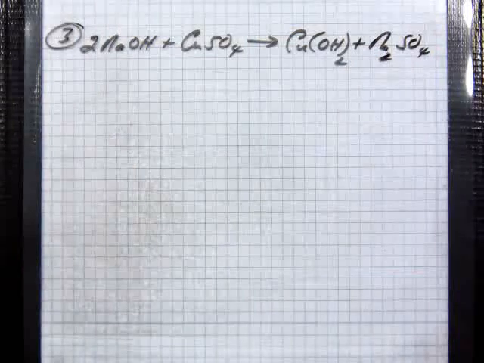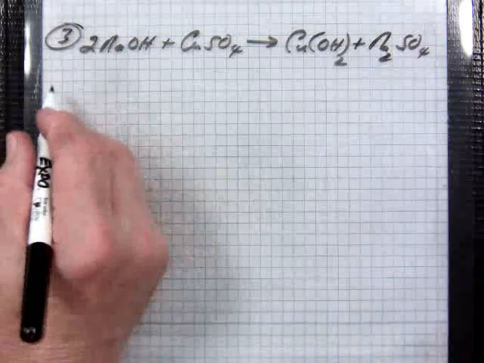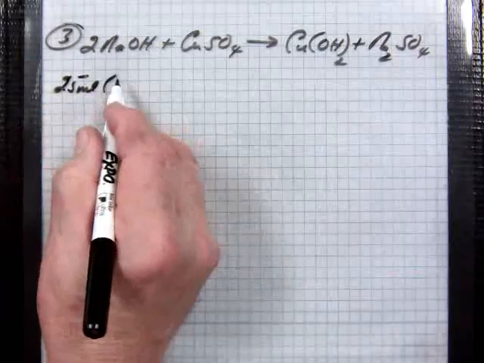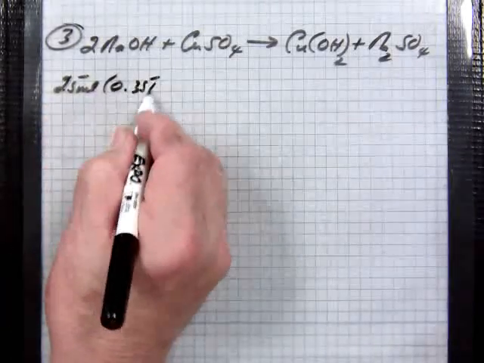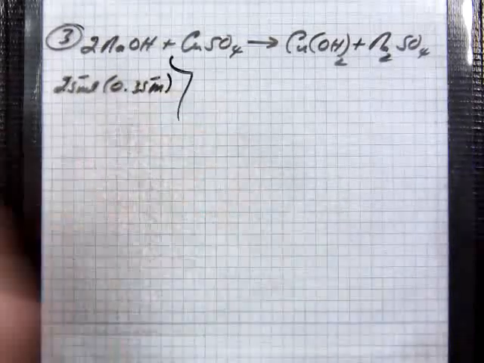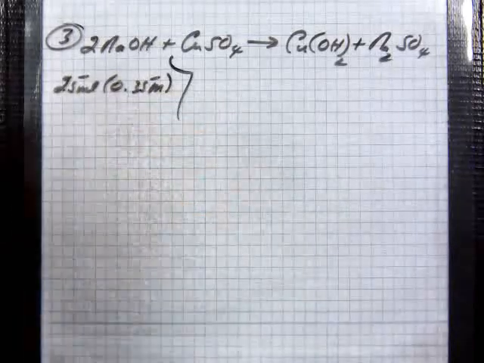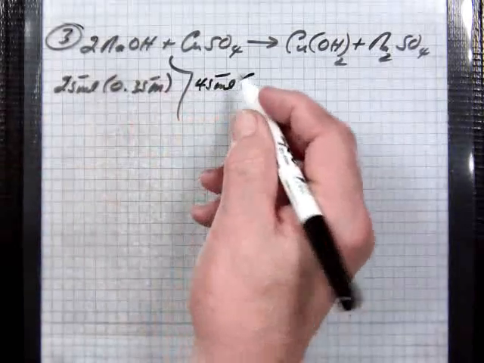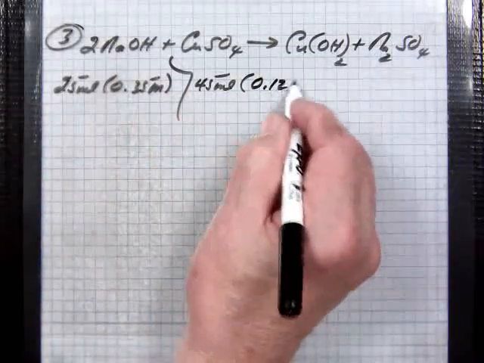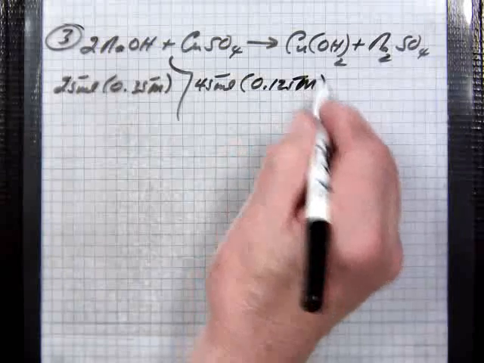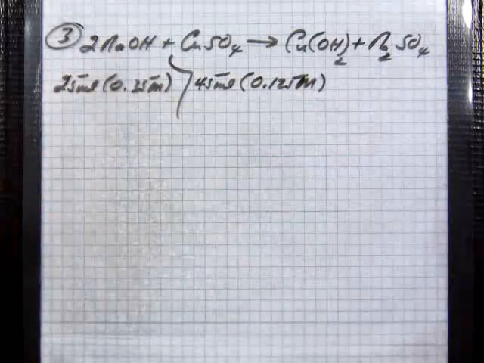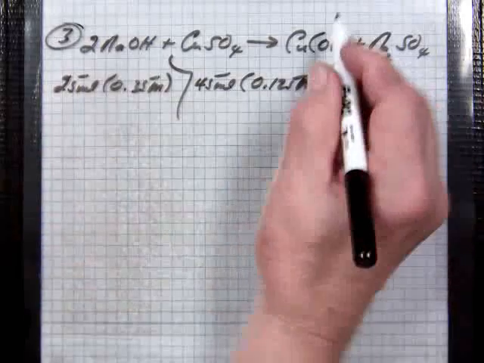And the problem says 25 milliliters of 0.35 molar sodium hydroxide is added to 45 milliliters of 0.125 molar copper sulfate. How many grams of copper hydroxide is produced?